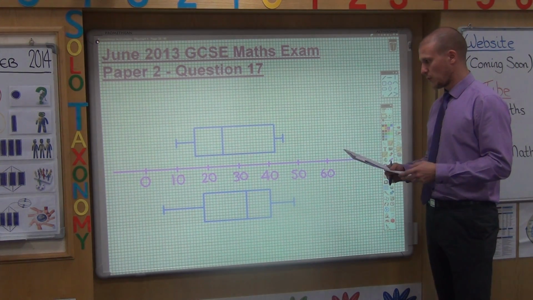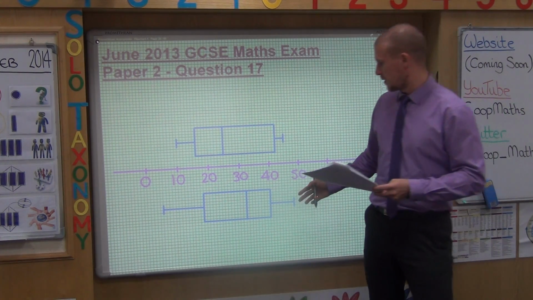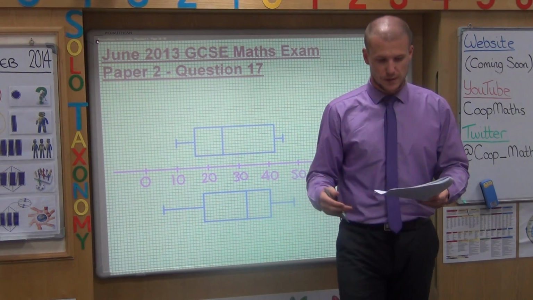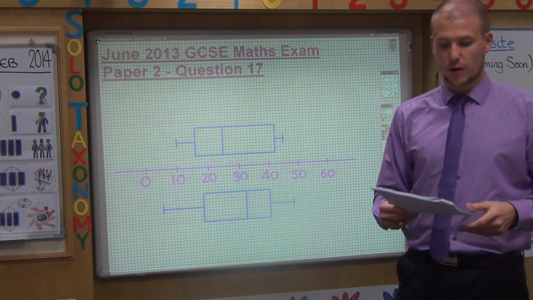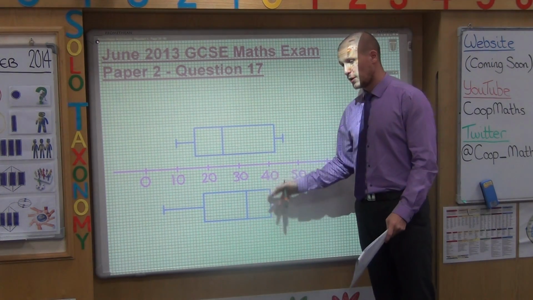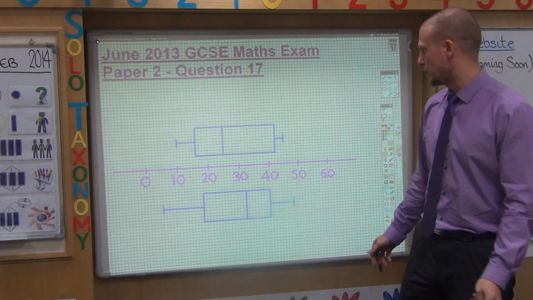Also, the purpose of this question, as we're about to find out in part B, is that it tells you that some boys did a sponsored swim, and this is the box plot based on the money that they raised. Part B asks, compare the amounts of money the girls raised with the amounts of money the boys raised. Or in other words, compare these box plots and give a worded real-life answer of what's going on here.